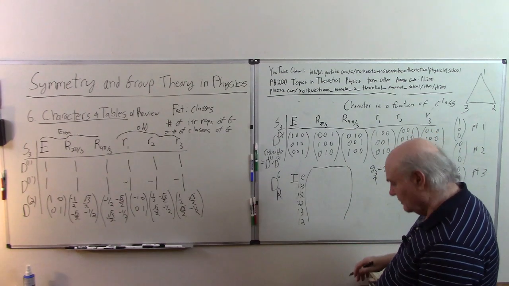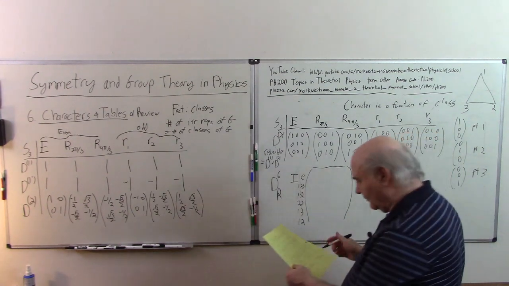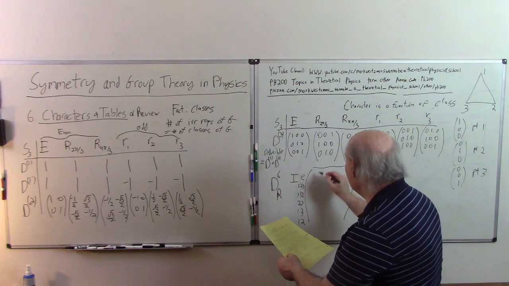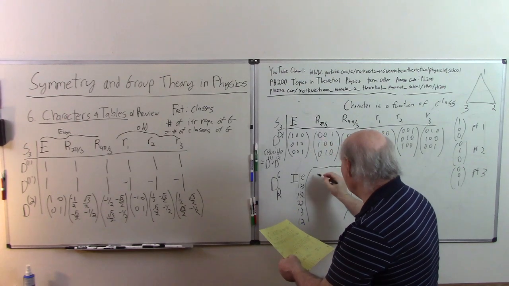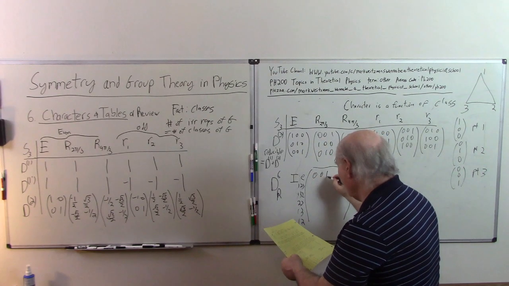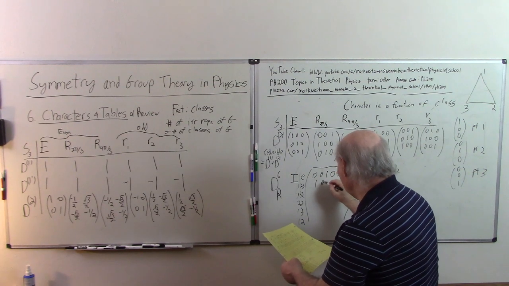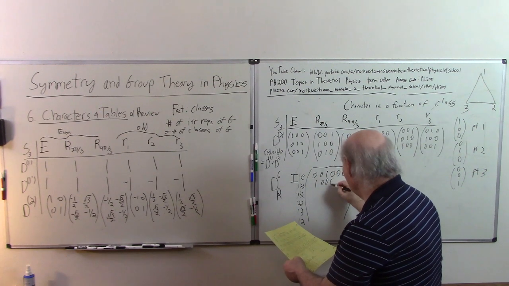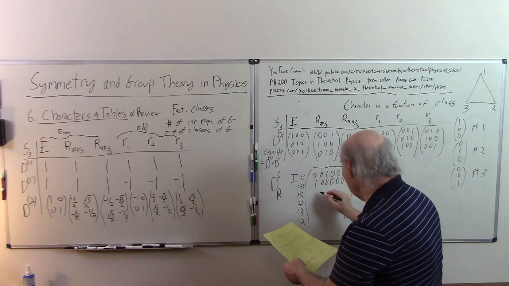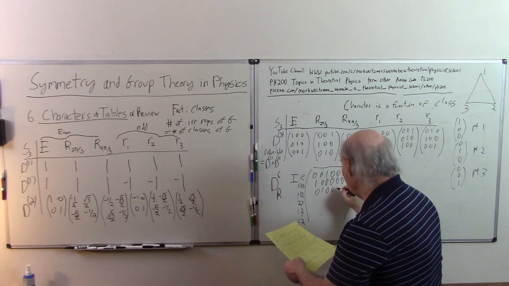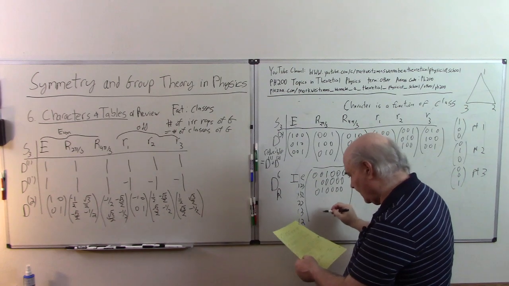Otherwise, we put a 0. So I'll just do one of these, and you can check it. For instance, for the R2 pi over 3, 0, 0, 1, 0, 0, 0, 1, 0, 0, 0, 0, 0, 0, 1, 0, 0. There's always a 1 in each row and in each column.